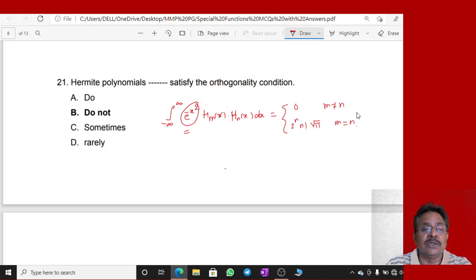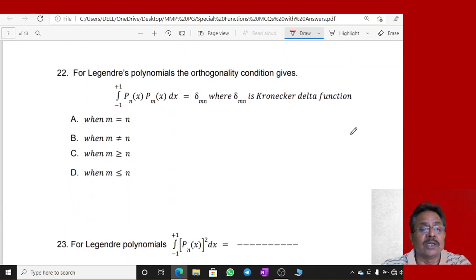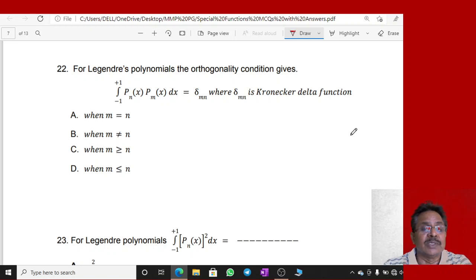They satisfy it only when this additional factor e raised to minus x square is multiplied in this integral, and therefore for question number 21, B is the correct answer, that is they do not satisfy the orthogonality condition.